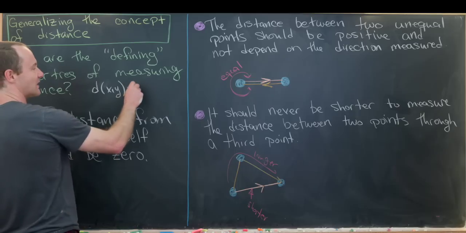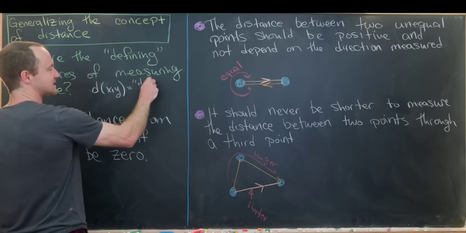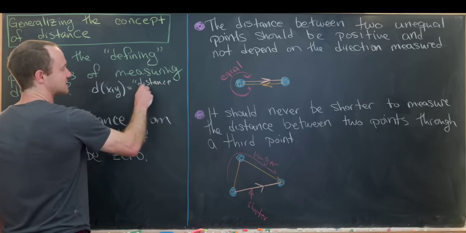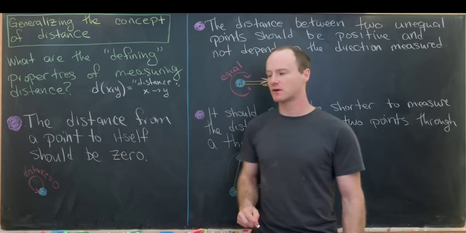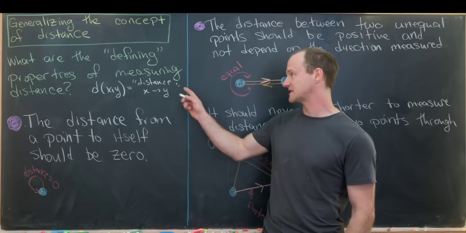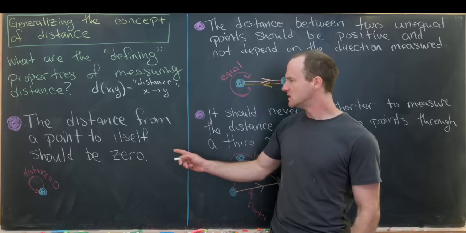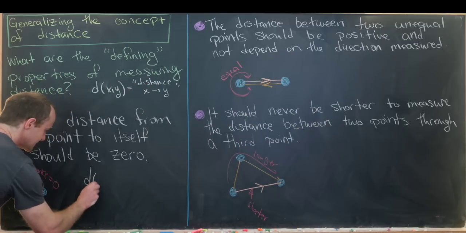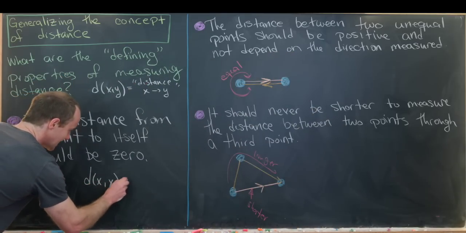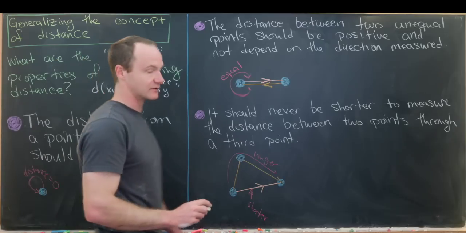So we're thinking about this as the distance from x to y. We'll make that a little bit more careful later, but that's how we're going to think about it right now. So this idea right here would be that the distance from x to itself is equal to 0.